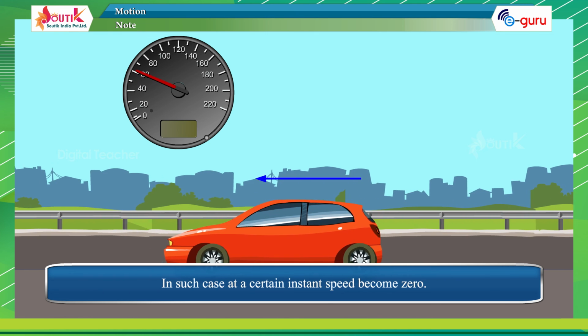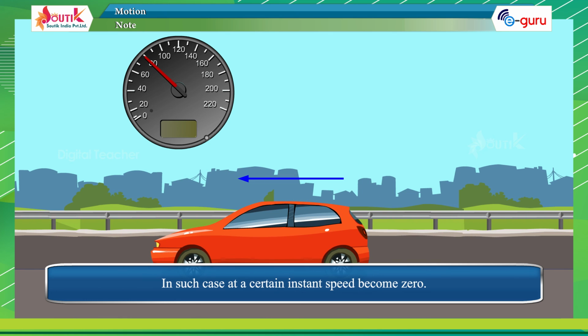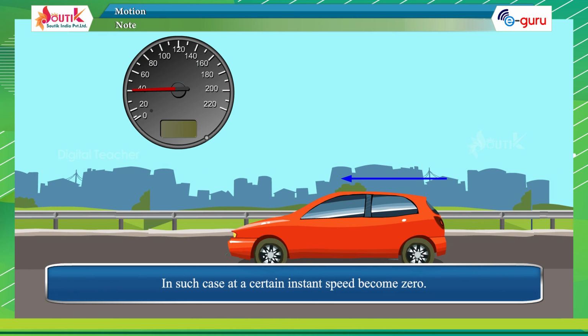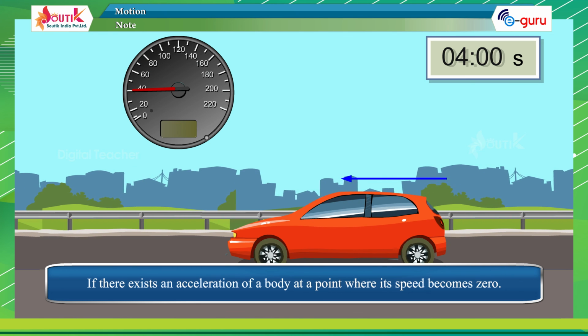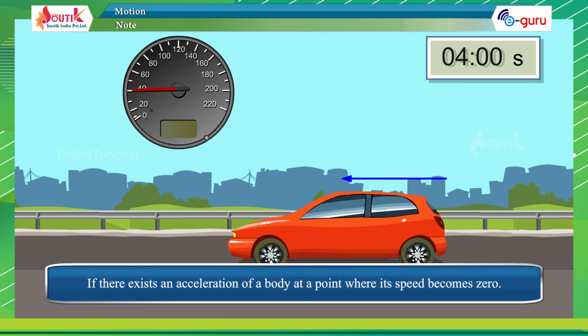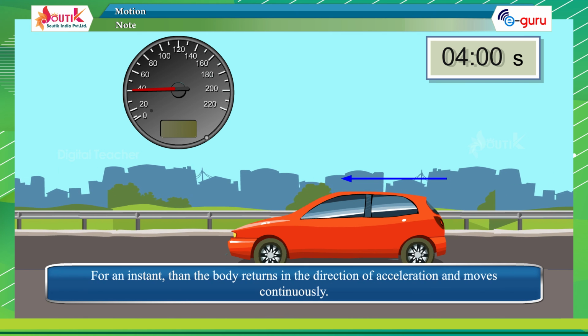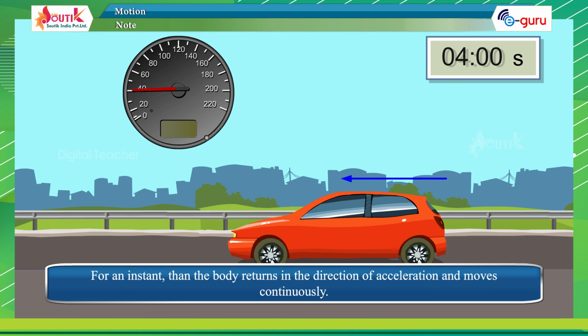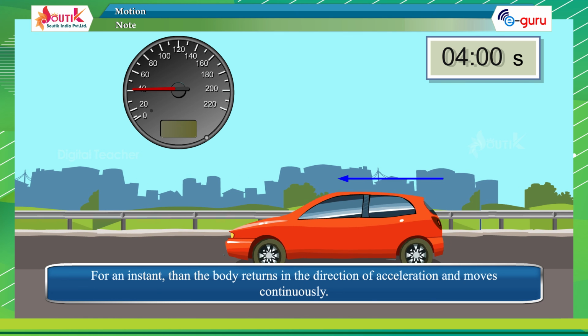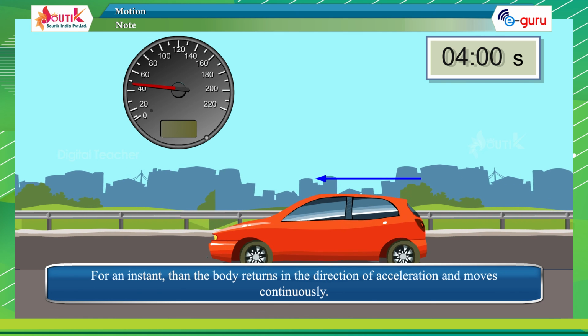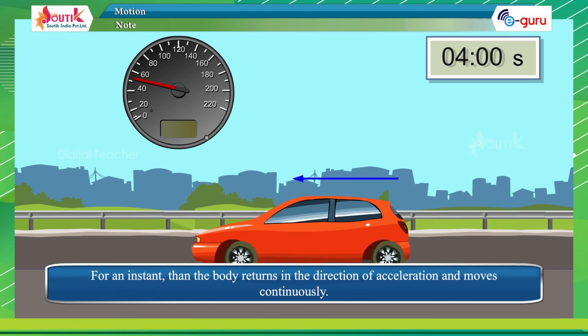In such a case, at a certain instant, the speed becomes zero. If there exists an acceleration of a body at a point where its speed becomes zero for an instant, then the body returns in the direction of acceleration and moves continuously.